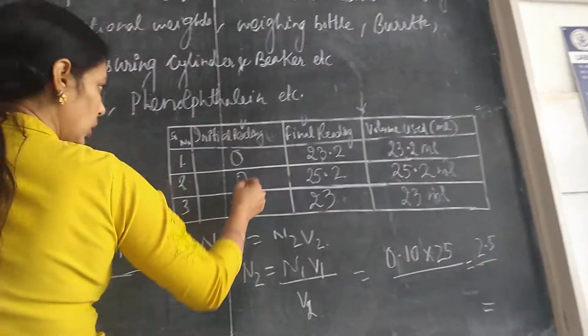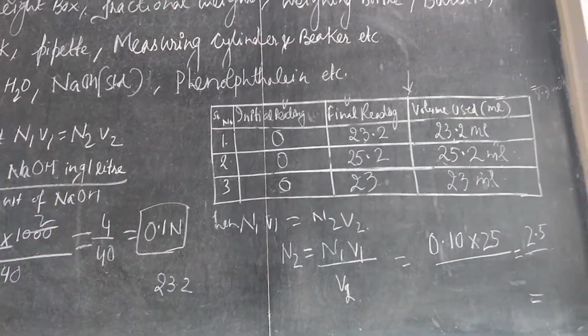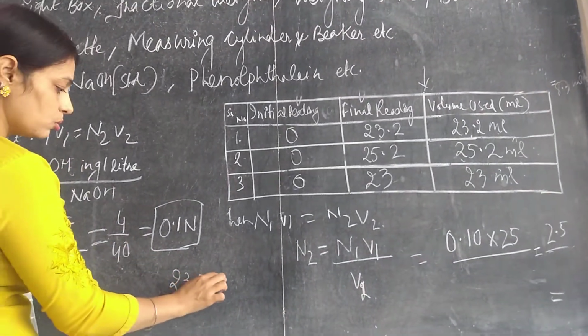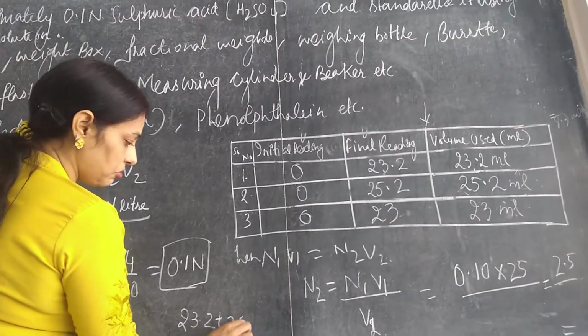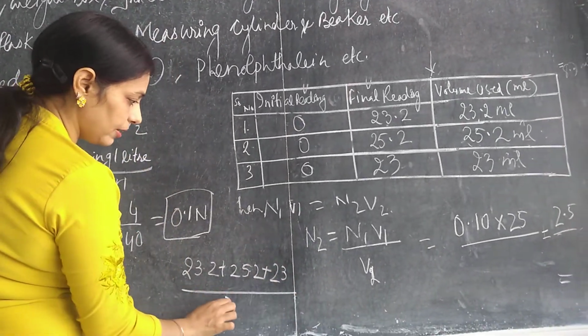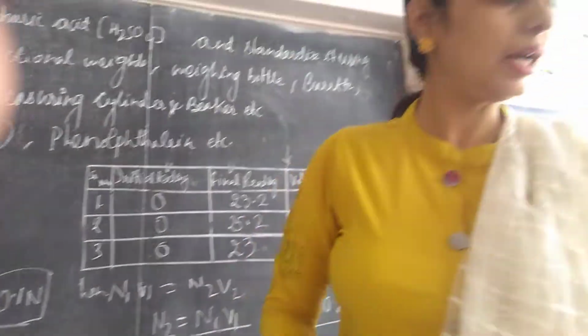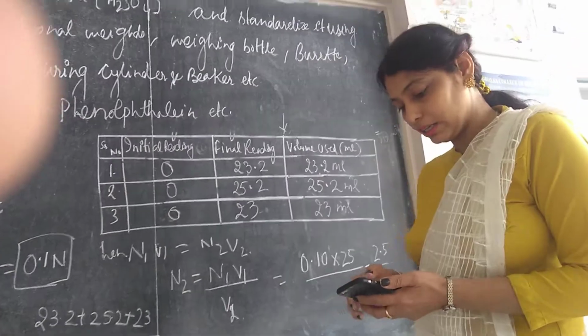Then we will take the mean of these 3 readings. First is 23.2 plus 25.2 plus 23 divided by 3. This is our V2 and I am calculating it.